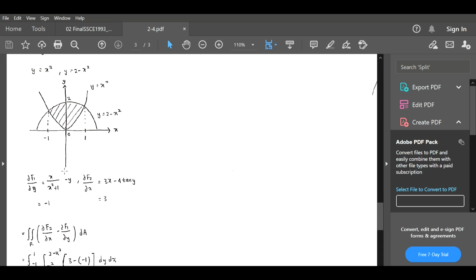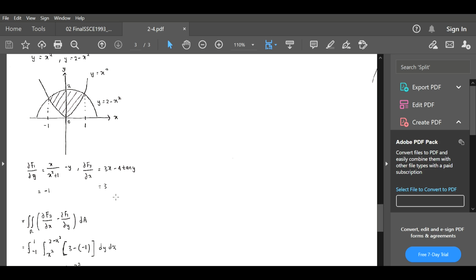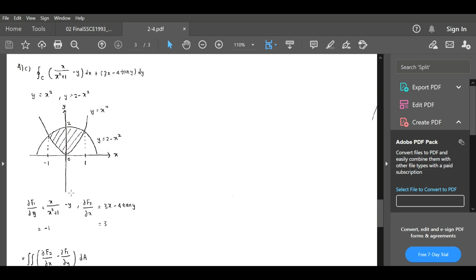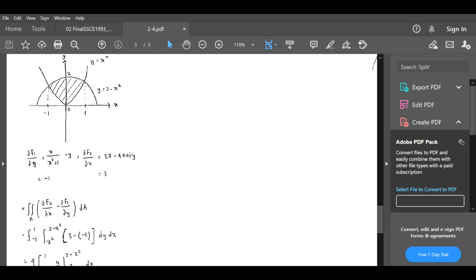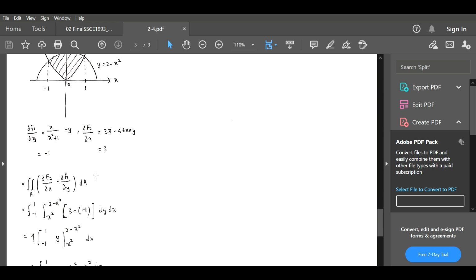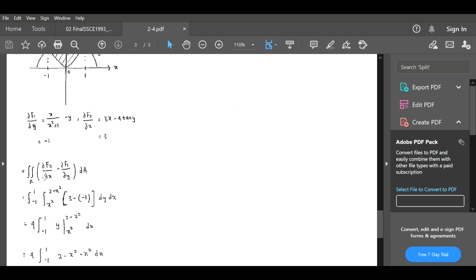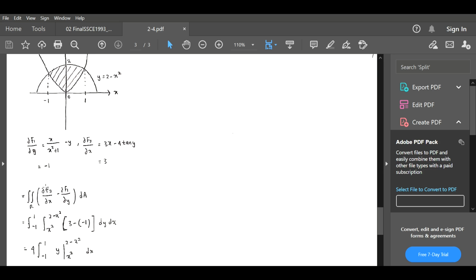Okay. Then what we need to do is this is the equation of Green's theorem.